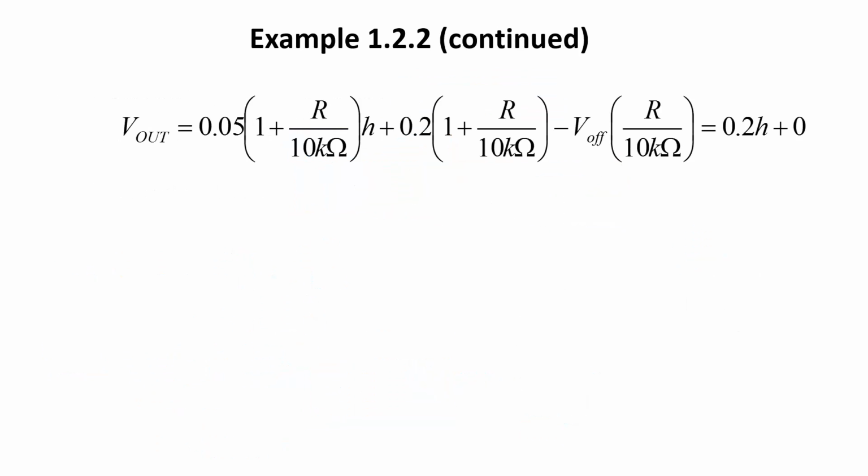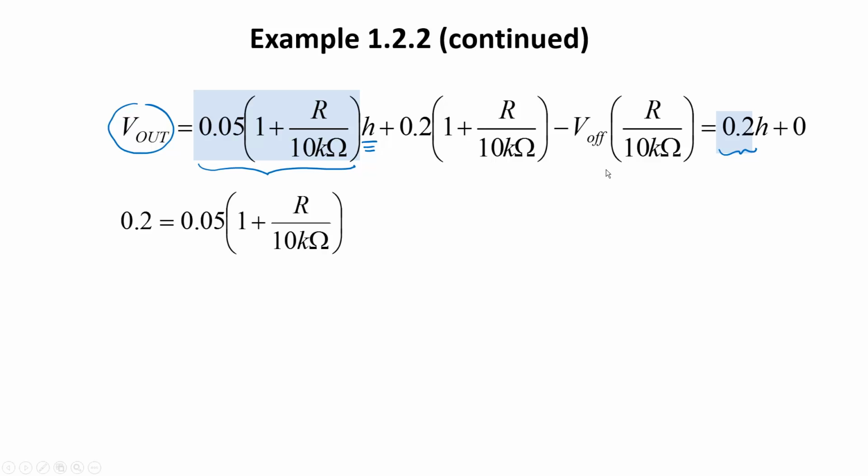This is the expression we came up with for V out as a function of height. If we look at the terms that are multiplying H, this is the output from the sensor in the signal conditioning circuit. We want that to be 0.2. So equating the terms that multiply H, we get 0.2 is equal to 0.05 times 1 plus R over 10 kiloohms.